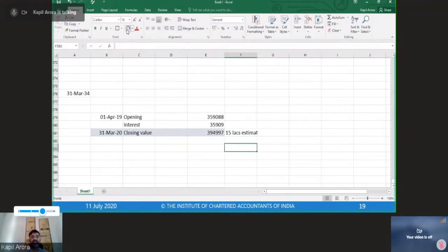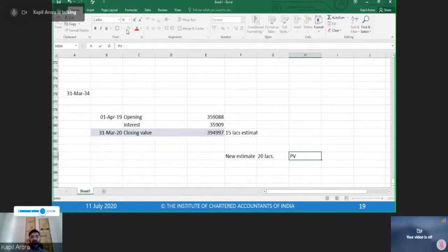But what is the new estimate? New estimate is 20 lakhs. So I'll go back again. If I have to pay 20 lakhs after 15 years, what would be the present value on 31st March 20?